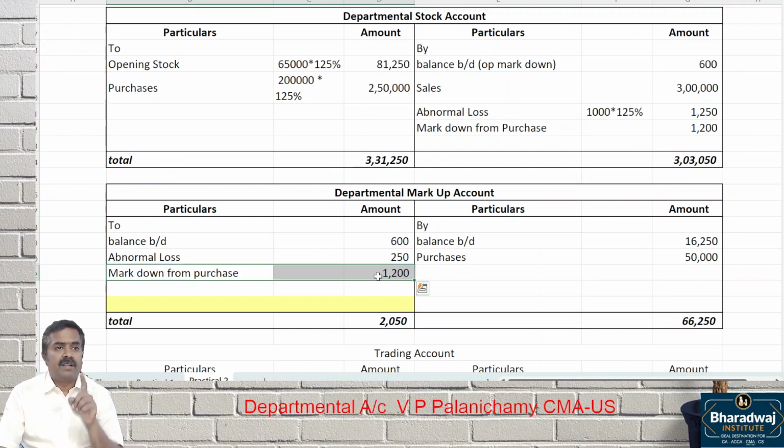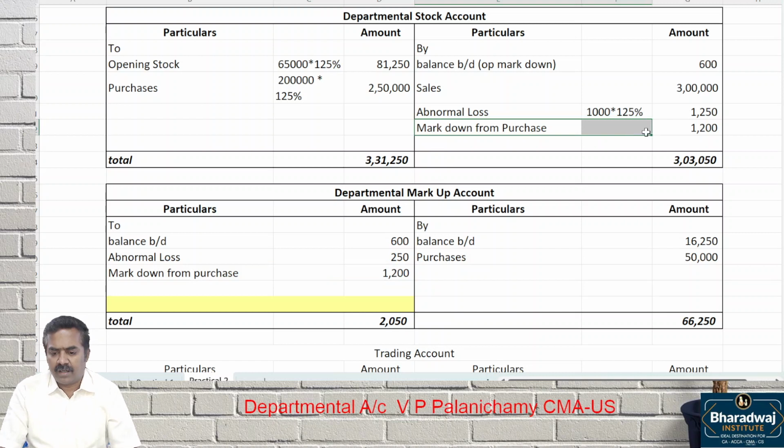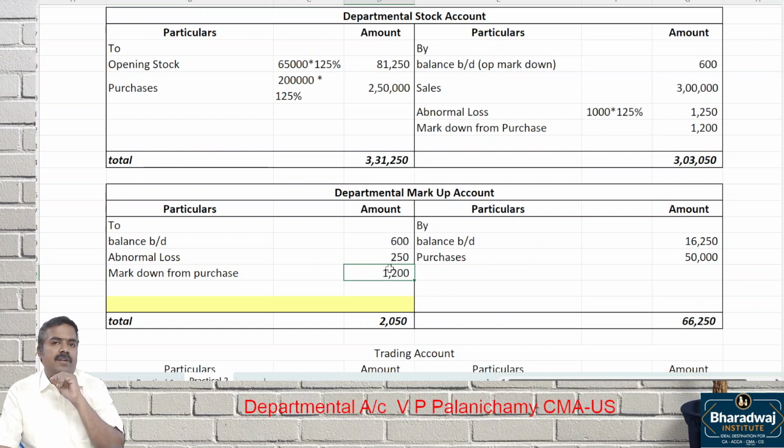Then wait. One third of the goods are included in the closing stock. Markdown from purchase, how much? 1,200 you can record. One third of the goods remain unsold means how much would have remained unsold? 5,000 out of 15,000.